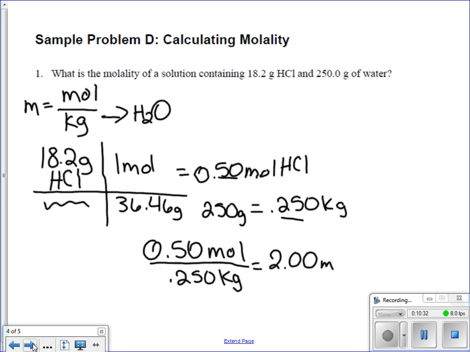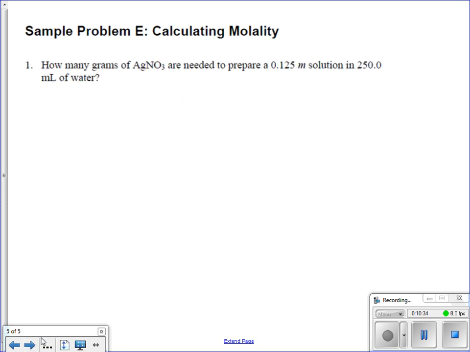All right, and then the last one, sample E. How many grams of silver nitrate are needed to prepare a 0.125 molal solution in 250 milliliters of water? So we have little m equals moles per kilogram.